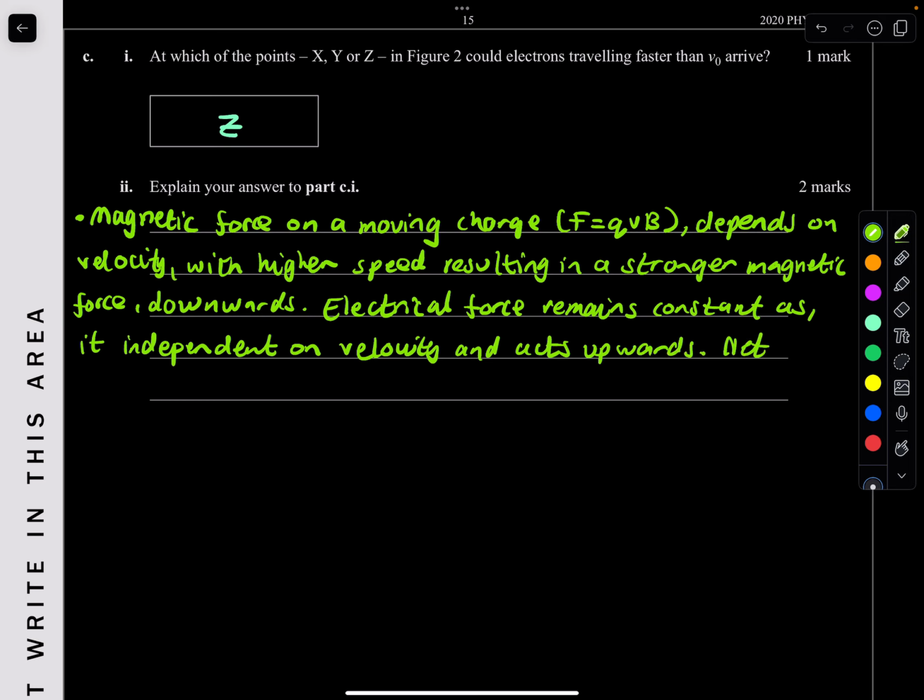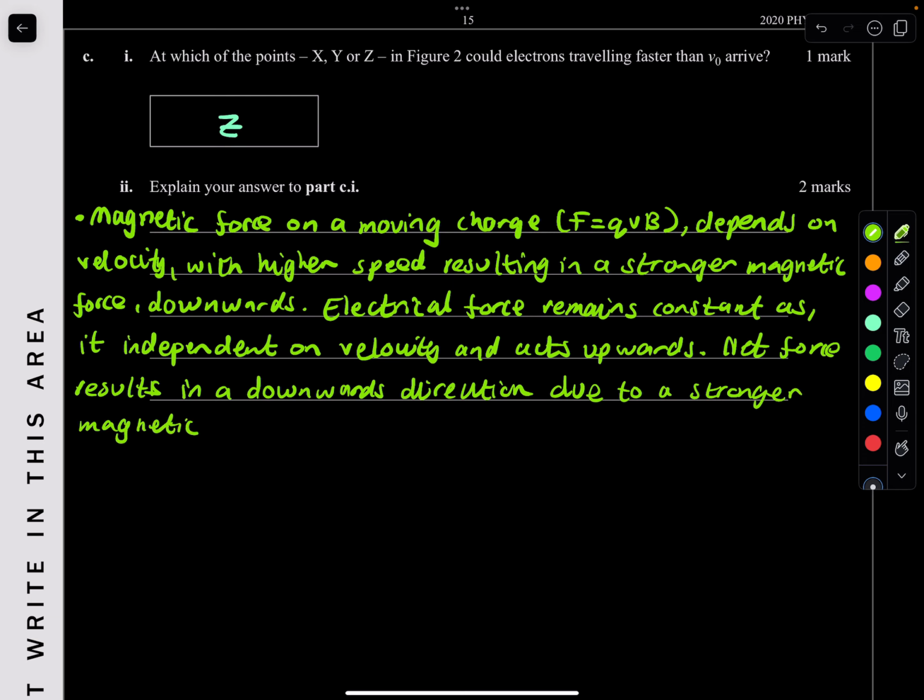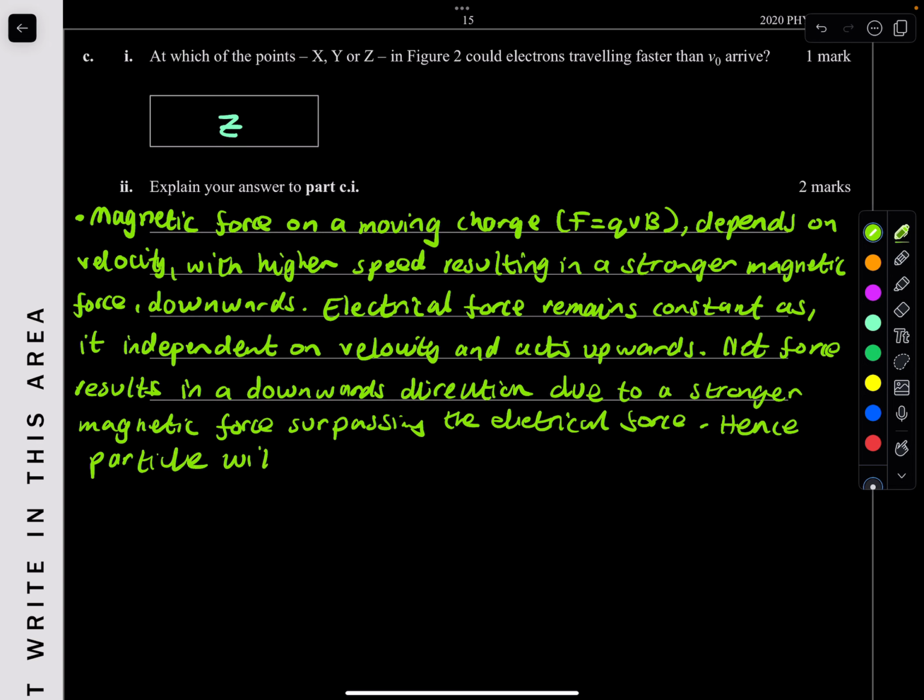And lastly, we just say the net force results in a downward direction due to a stronger magnetic force surpassing the electrical force. Hence, the particle will arrive at Z.